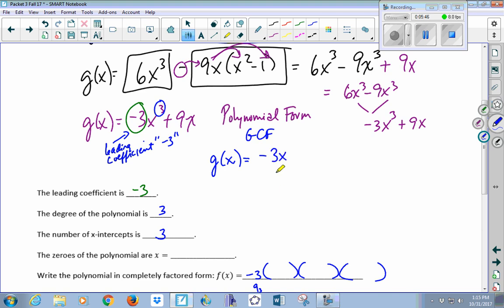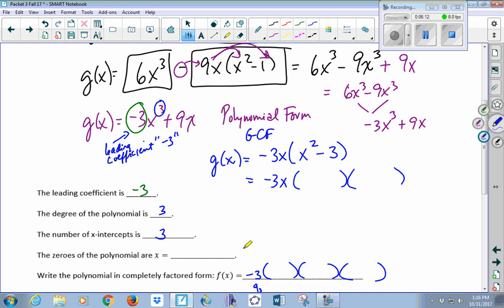I always will pull out a -3x when my leading term has a negative leading coefficient. That leaves me with x squared take away 3. Now you might say, I can't factor that. But yes, you can, because this is the difference of squares.